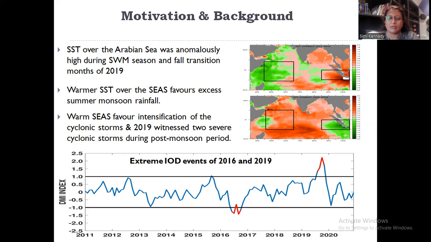Adding up all these factors, I was very interested to understand the reasons behind the warm SST of the southeastern Arabian Sea during the southwest monsoon season as well as the fall transition months of 2019. In the past decade, the figure down below shows the DMI index, and 2016 and 2019 were the extreme strong IOD years.